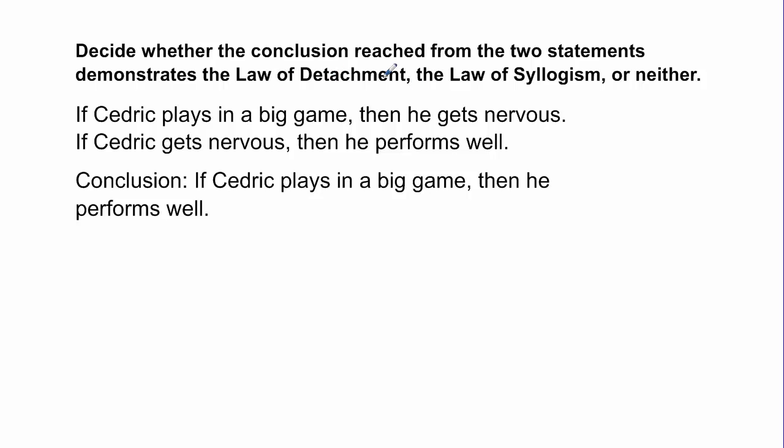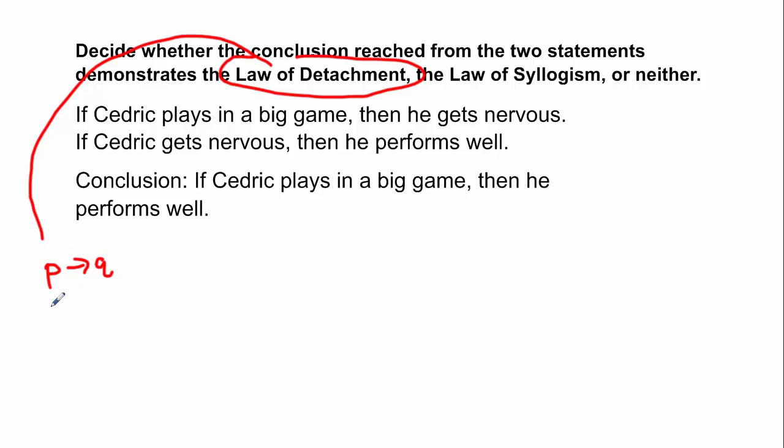Since I have to observe if it is law of detachment or law of syllogism, it helps to have the two types of laws on hand somewhere. For the law of detachment, I have one conditional statement, I know the hypothesis is true, and then my conclusion would be that Q must be true.